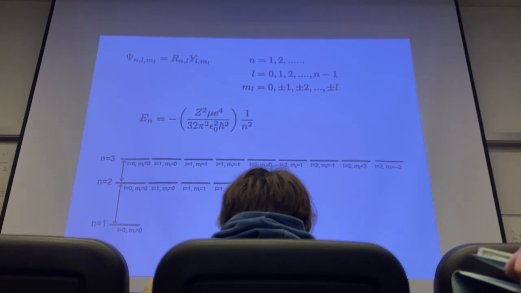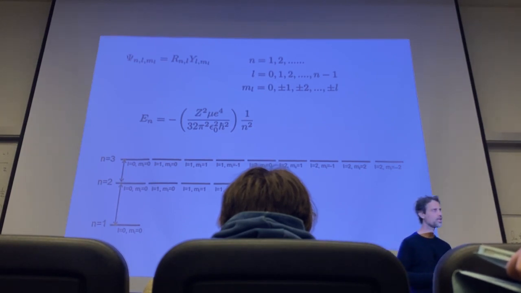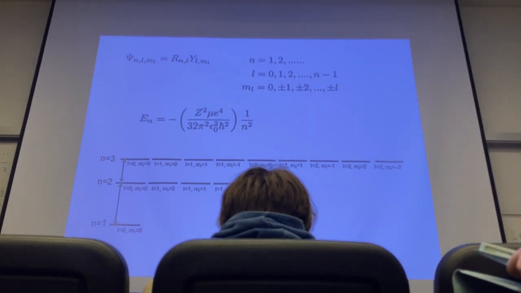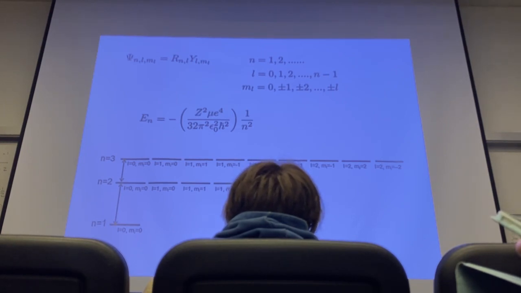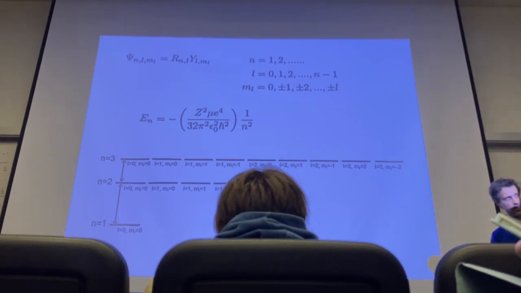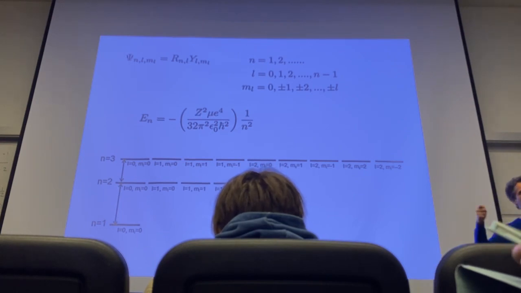On the top, I have many more because now n equals 3 and L can have a total of 3 values, 0, 1, and 2, and each one of those generates their own ml values. I have a total of 9 states. All of them, I can't emphasize this enough, all of them are individual solutions of the Schrödinger equation. The electron can occupy any of them, okay?